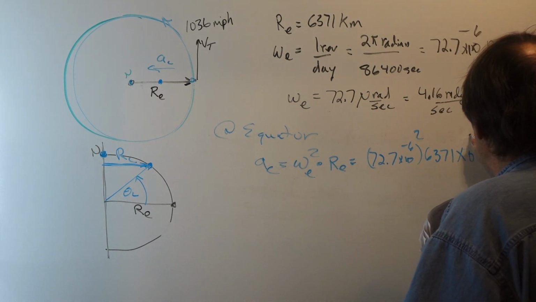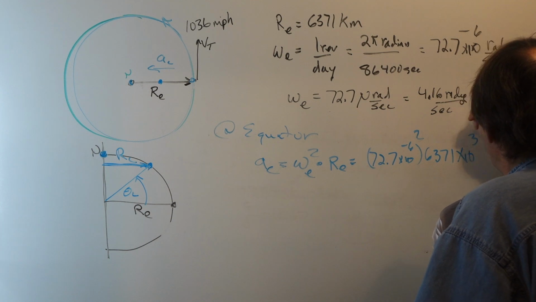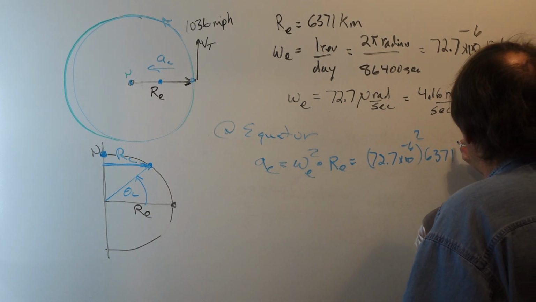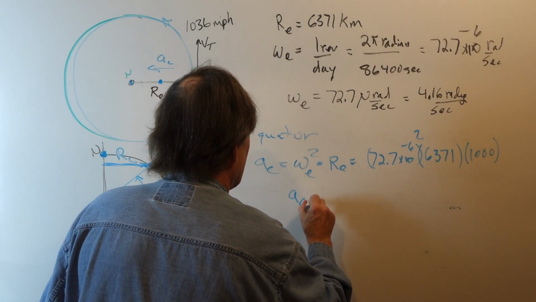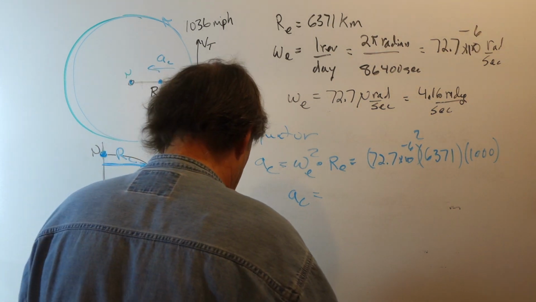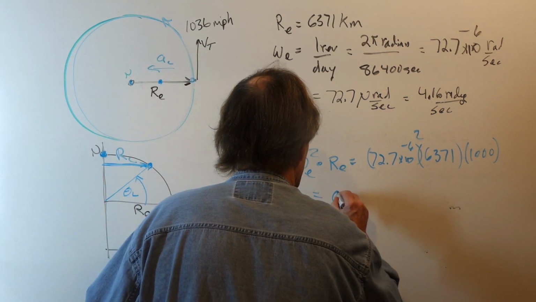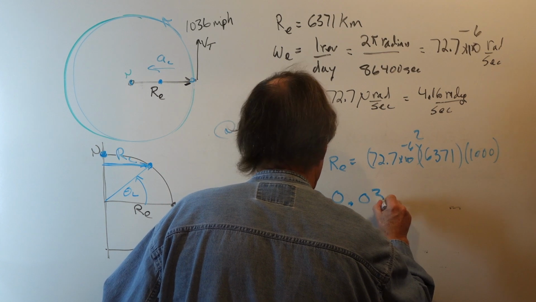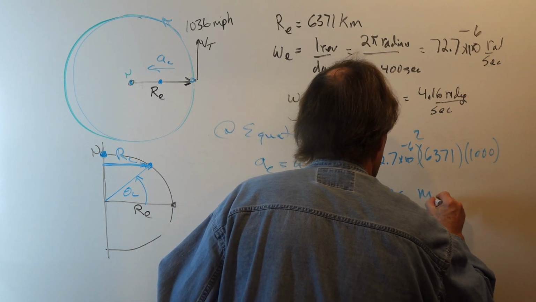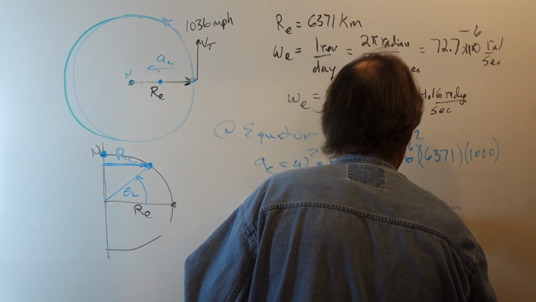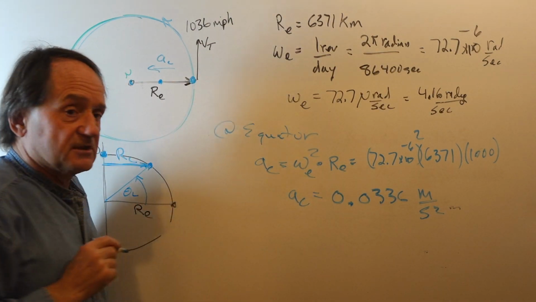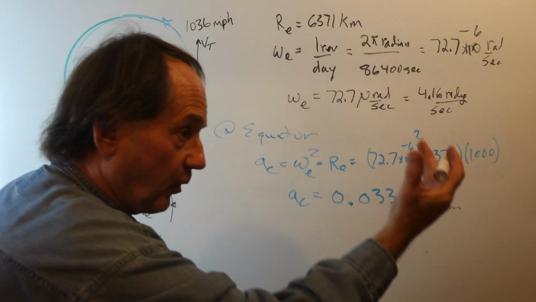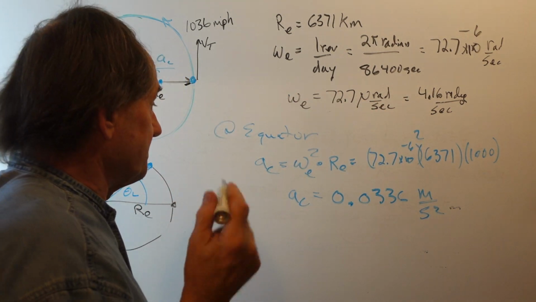We have to put it in meters, so we multiply this by 1,000 to go from kilometers to meters. And this value works out to, if you put it into your calculator, 0.0336 meters per second squared. That's the centripetal acceleration that an object sitting on the equator, on the surface of the Earth, experiences.